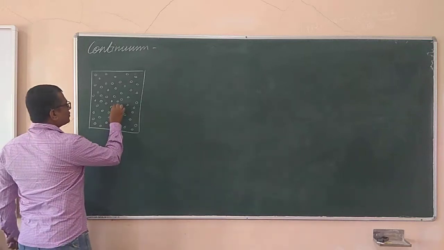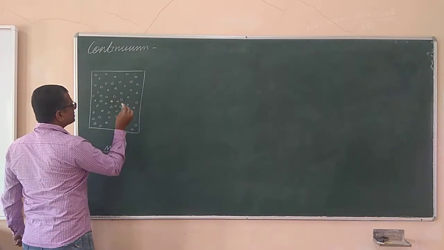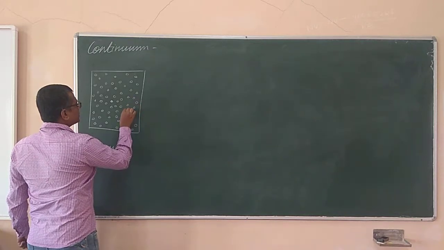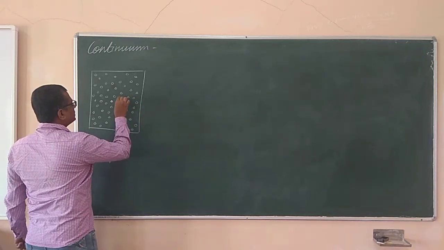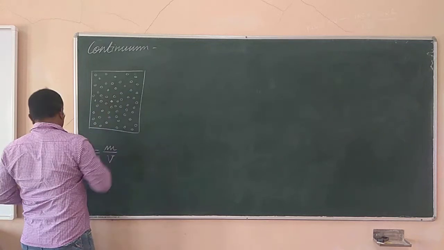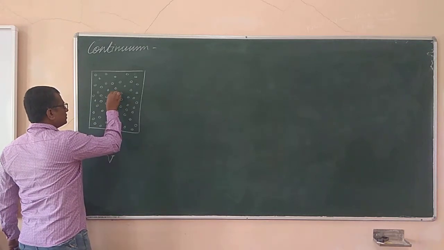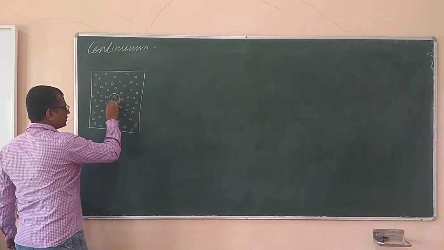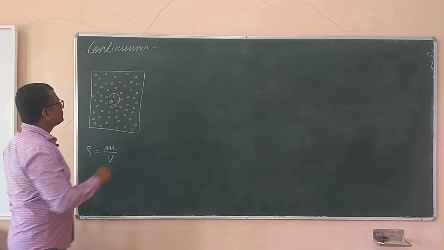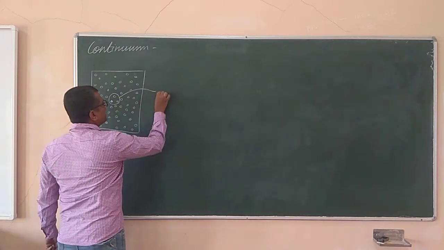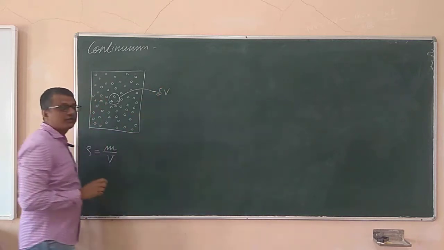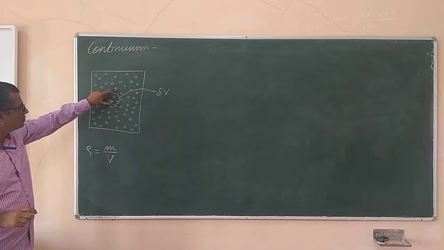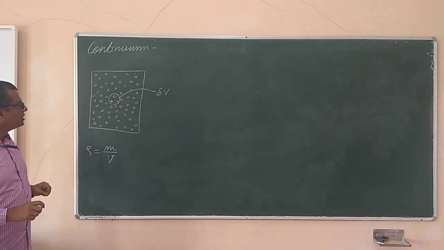Say this much is the small elemental volume, a small sphere of a small volume, let us say delta V. Delta V is the volume of that elemental volume space over here.